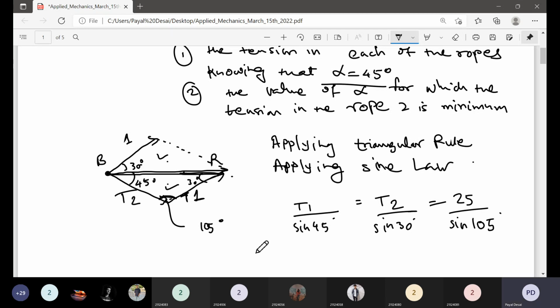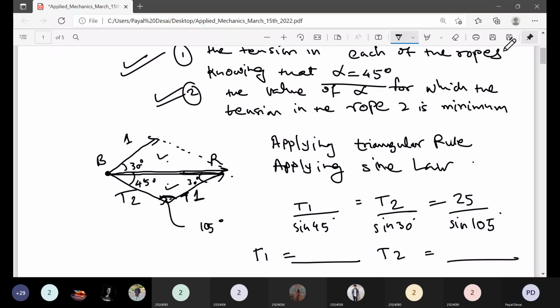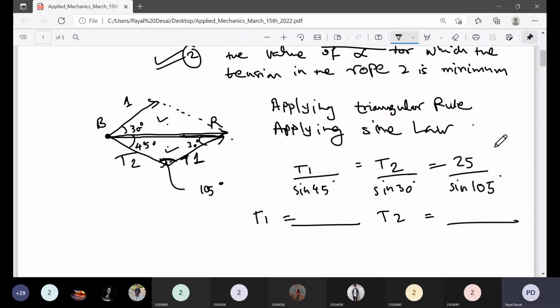So all of you calculate this T1 and T2. The first thing is already done, and once you get the answer, we will discuss the second thing. That's a simple, very straightforward procedure. So from your calculation, just get me the answer for T1 and T2.